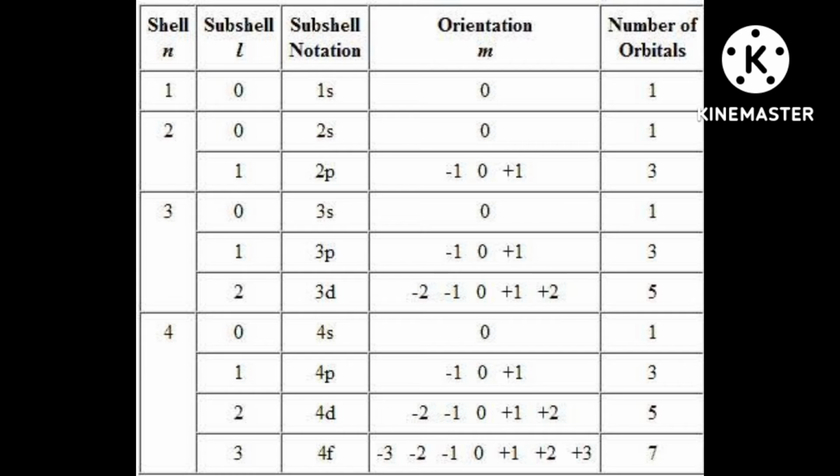In the same way, if L is equal to 2, then the number of m values is 2L plus 1, that is 2 into 2 plus 1, that is 5. So you get 5 values of m. What are they? You start with minus 2, minus 1, 0, plus 1, plus 2.